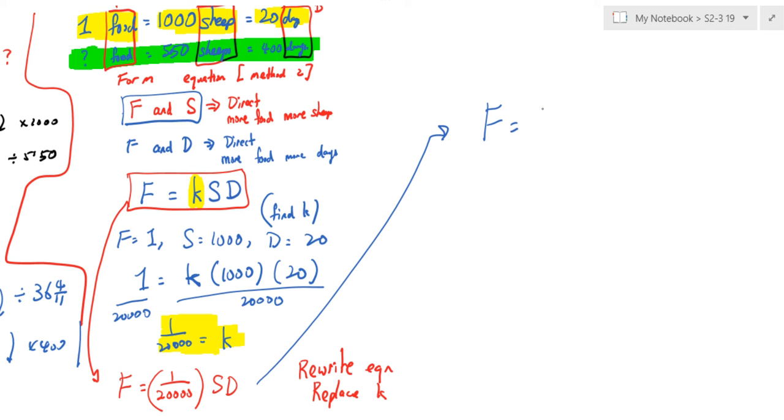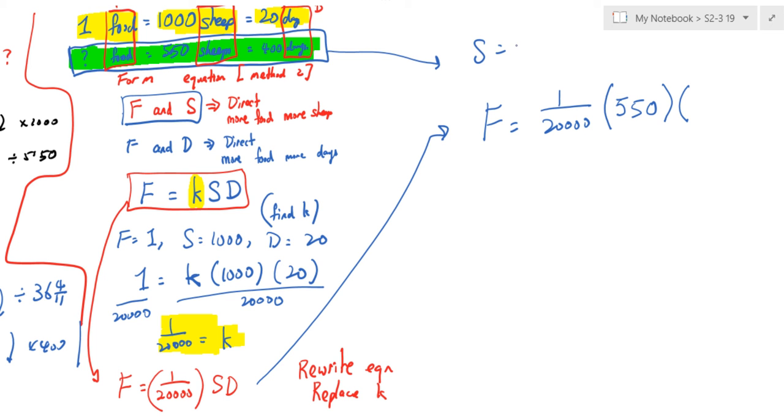F equals 1 over 20,000 times 550 times... Wrong. Look at the green equation. S is equal to 550, D is equal to 400, F is equal to I don't know. I want to find F. So this is 400. What's the answer?